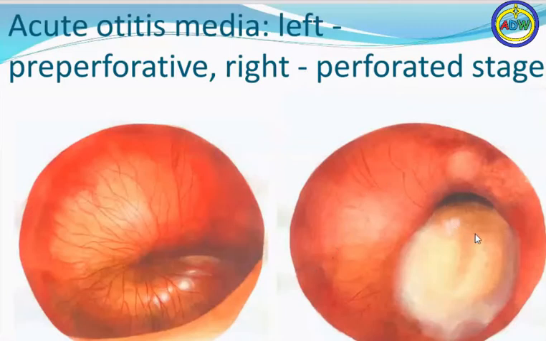You can see the pulsatile pulse. Sometimes it is pulsatile because the internal carotid artery is at the anterior wall of the tympanic cavity, and depending on the pulses, the pulses can move through the perforation to the outside. Okay.